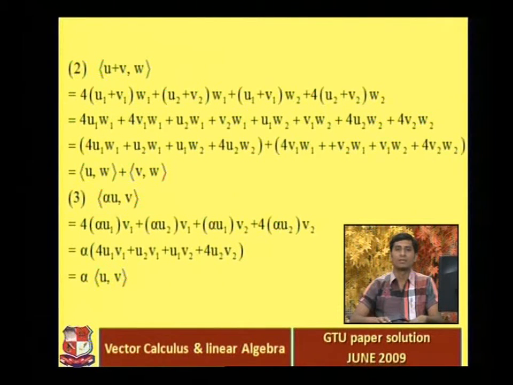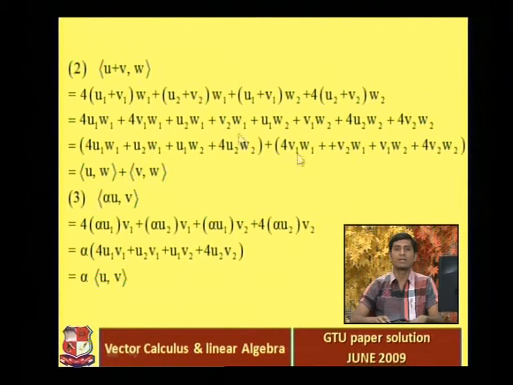Just using that definition, 4(u1 + v1)w1 + (u2 + v2)w1 + (u1 + v1)w2 + 4(u2 + v2)w2. That can be expressed as 4u1w1 + 4v1w1 + u2w1 + v2w1 + u1w2 + v1w2 + 4u2w2 + 4v2w2.